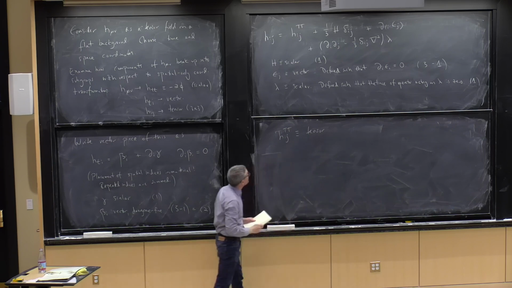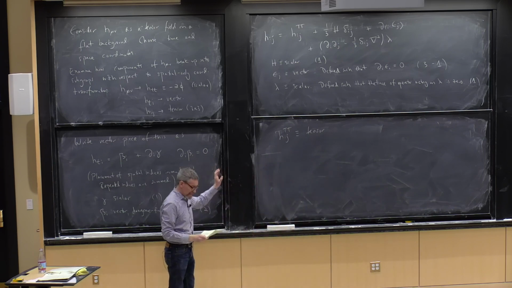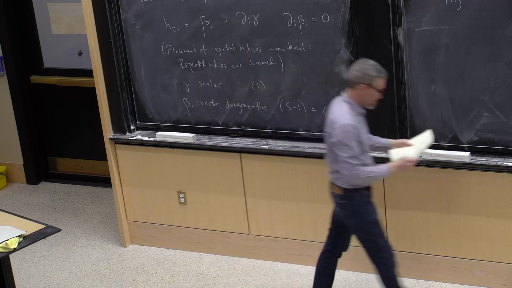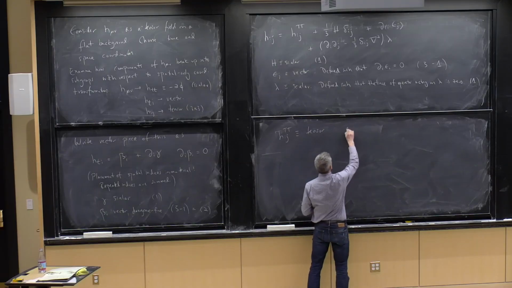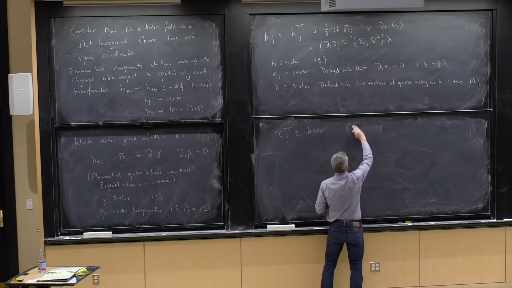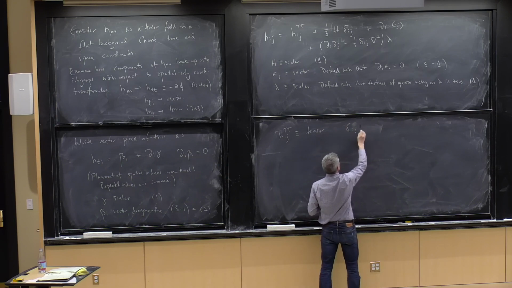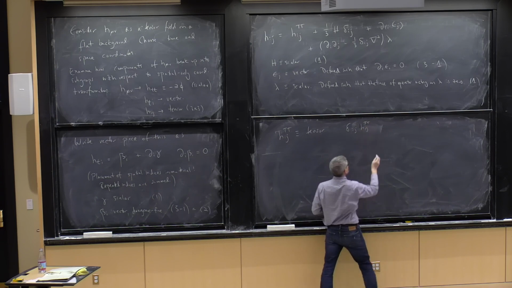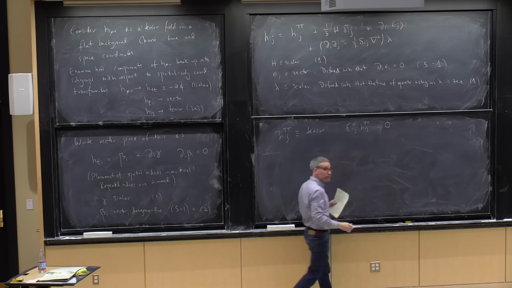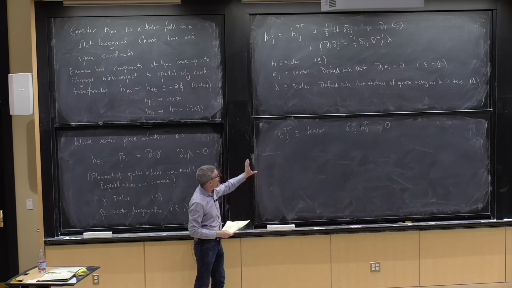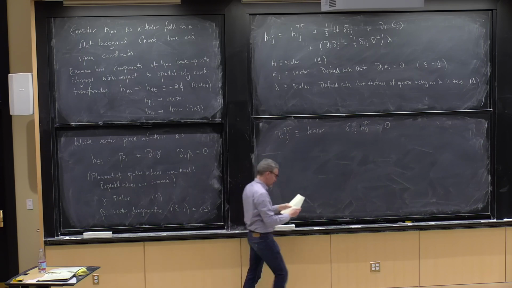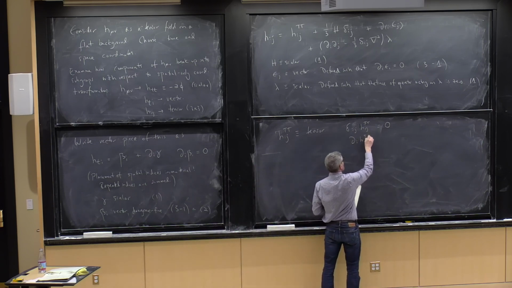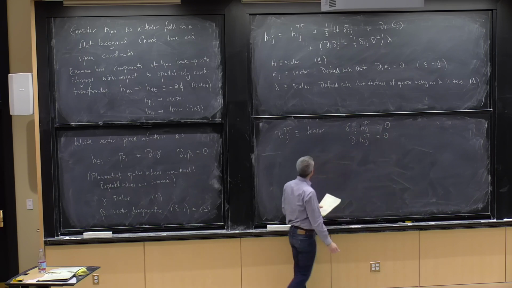This is a tensor. TT stands for transverse and traceless. This is defined so that if I take its trace, if I evaluate this, I get 0. So hij is a tensor but with no trace, and it's defined so that if I take its divergence, I get 0.